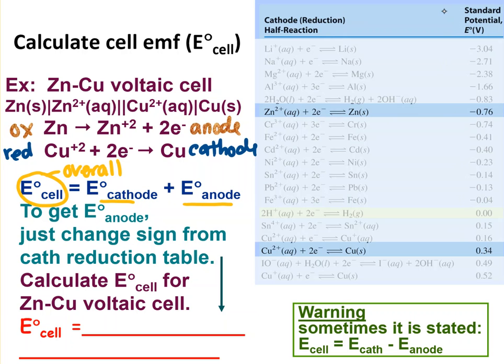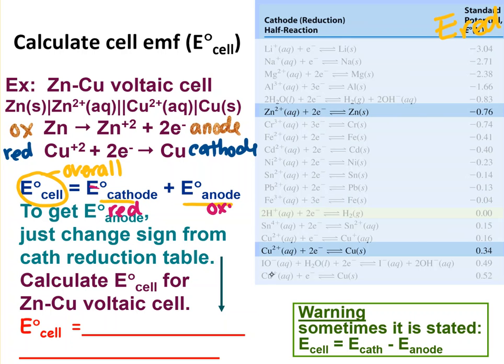So these are all as written, and we'll have to account for that. So for the potential of the cathode, let's write in here, the potential of the cathode is the E reduction and the anode is the E oxidation. So for the cathode, we're good.